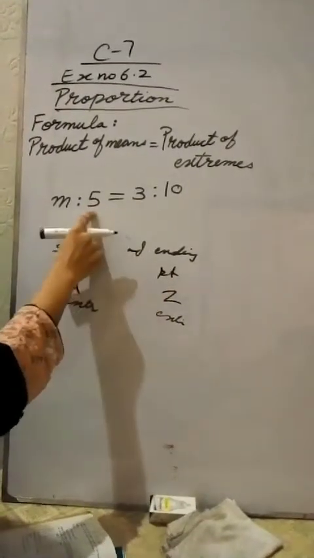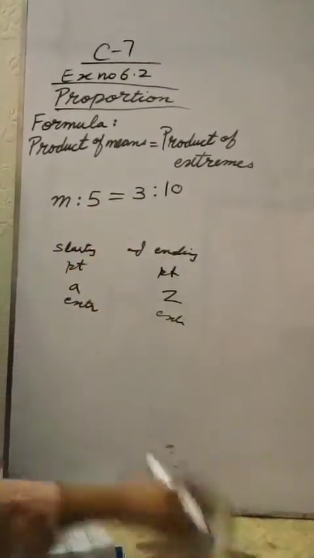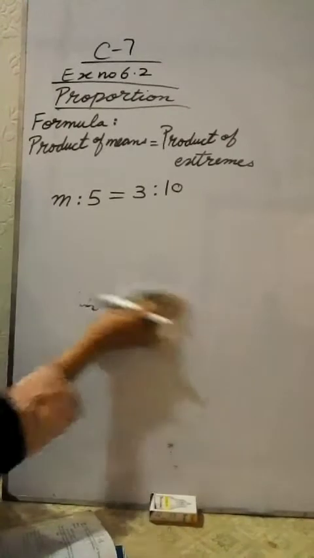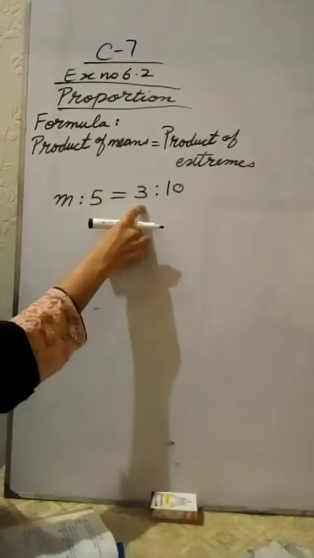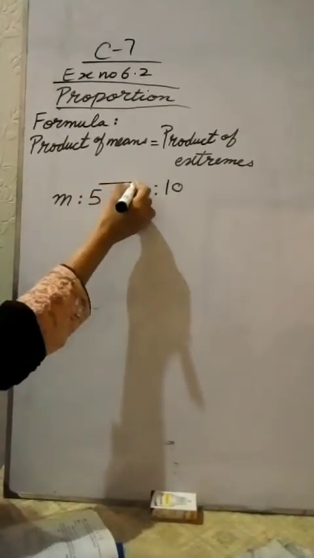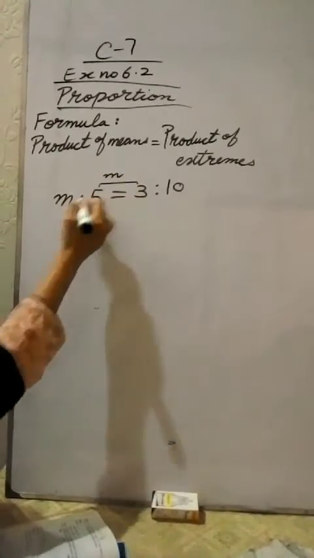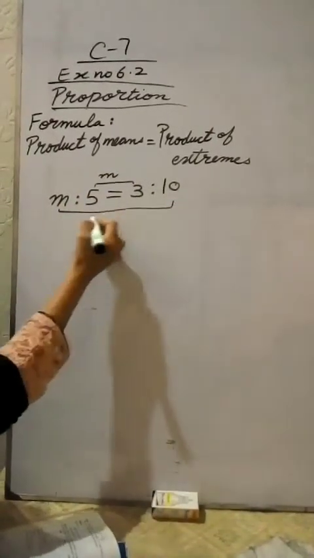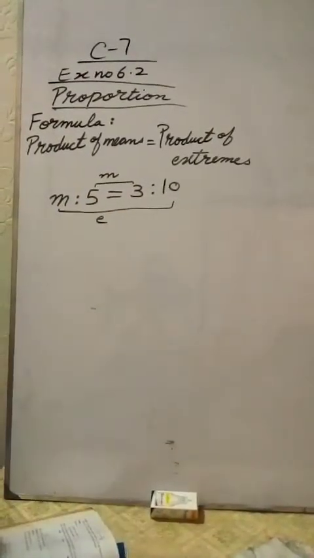Mean is the average value, the centralized value. So center values are always called means and the starting and ending values are always called the extremes.